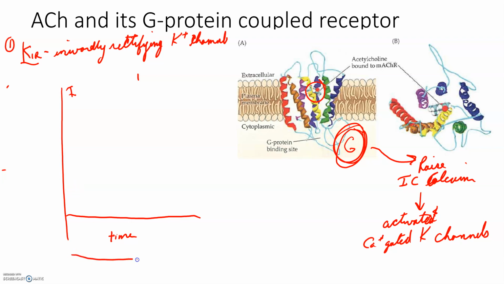So maybe this is the time that we give it the voltage step. And we're going to increase the cell's membrane potential in a patch clamp situation. We're going to go from whatever it's resting at, minus 70 or minus 65, and we're going to take it to plus 50.